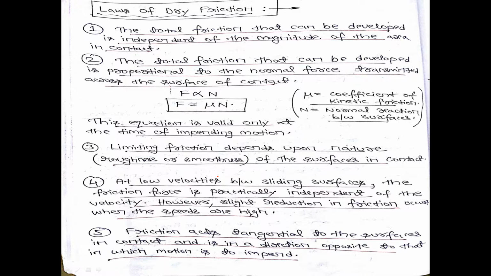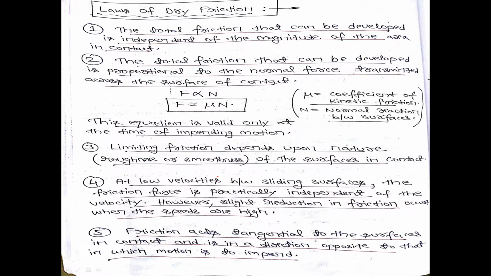Okay. Next law, the fourth law, is: at low velocities between sliding surfaces, the frictional force is practically independent of the velocity. However, a slight reduction in friction occurs when the speeds are high.